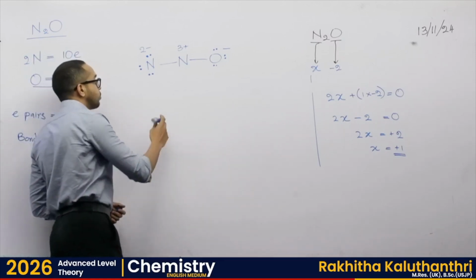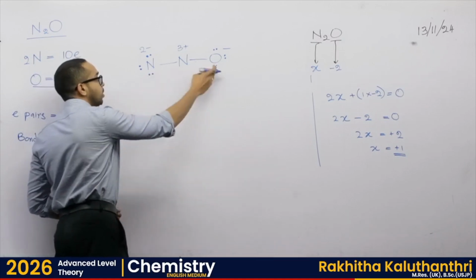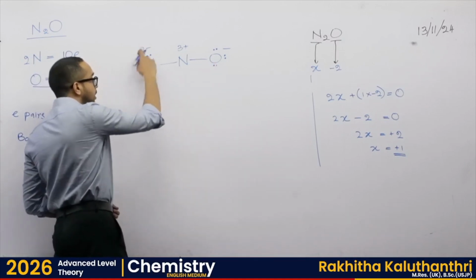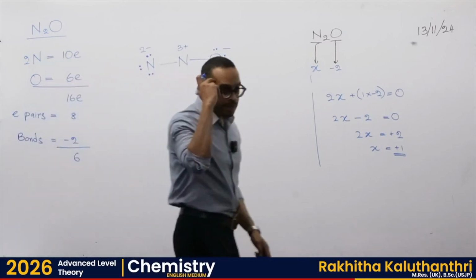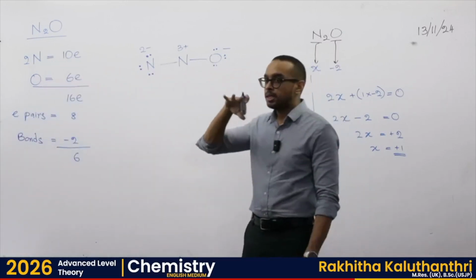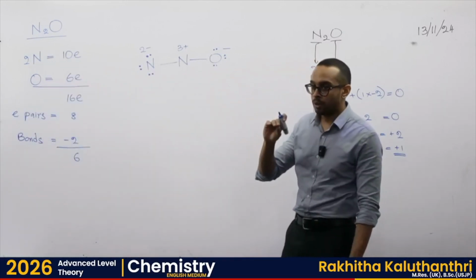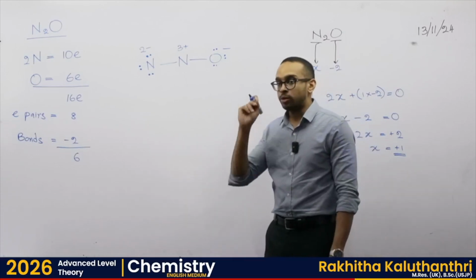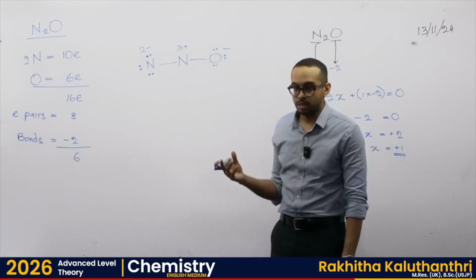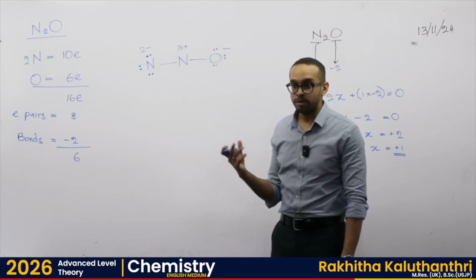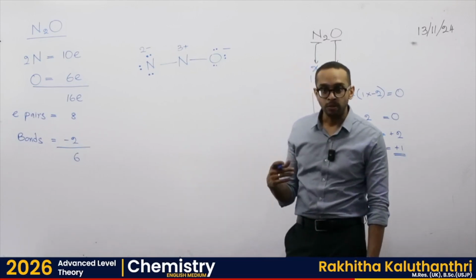So what we do is we convert lone pairs of either oxygen or nitrogen to bond pairs. Now when you are doing this, we have to keep in mind, after the conversion of lone pairs to bond pairs, the more electronegative element should still be carrying a negative charge if there is a negative formal charge in the molecule. Is that clear?